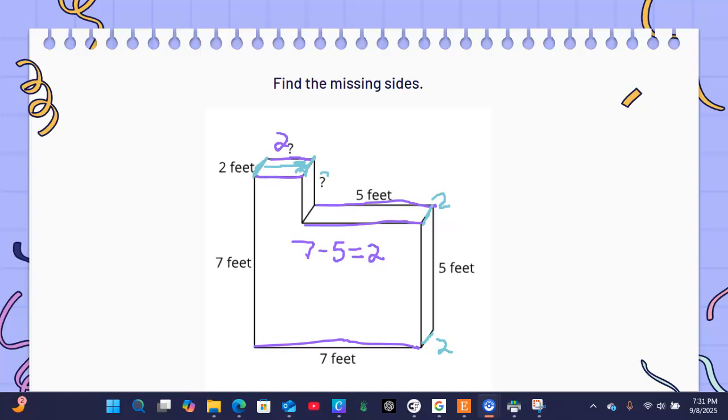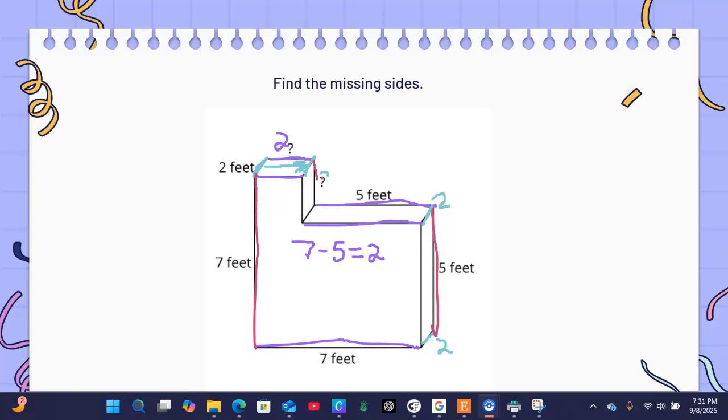Now we have to look at what is going vertical. So those were horizontal lines. Now we're going to go to vertical lines. Well, we had purple. Let me choose pink. So on this side, we have our height to be 7. But on this side, we have our height to be 5. Now let's take that same thought process that we did before. This is our missing side length.